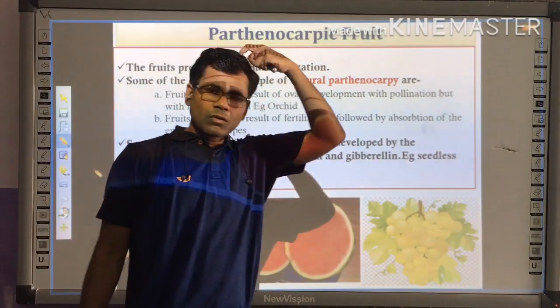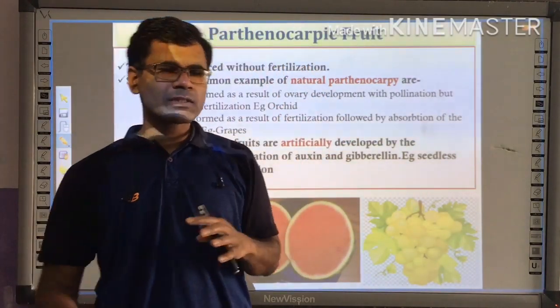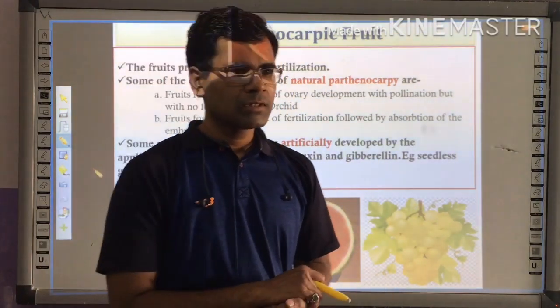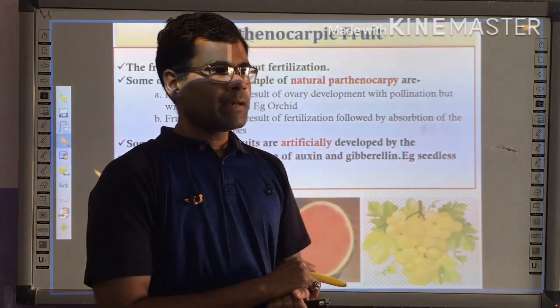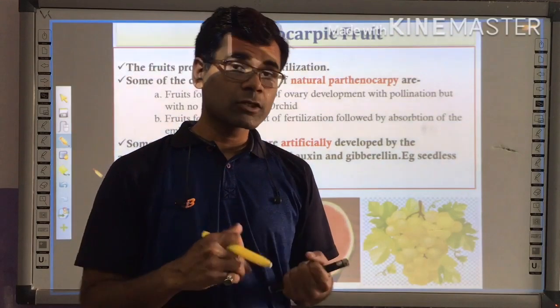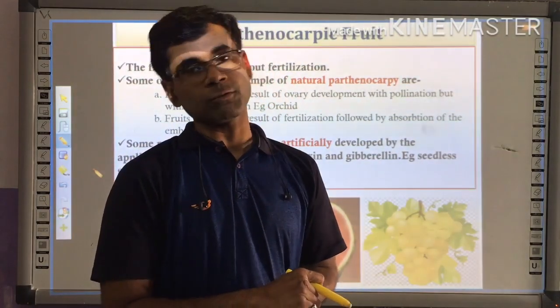On the basis of classification, whether it forms from ovary or not, fruits are of two types: true fruits or pseudo fruits. But there are various fruits which are termed parthenocarpic fruits.